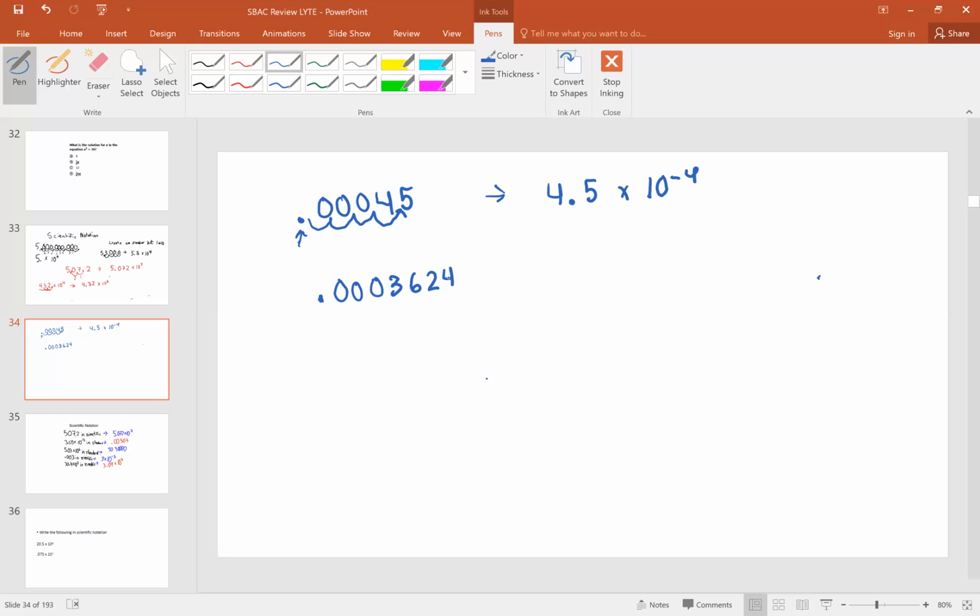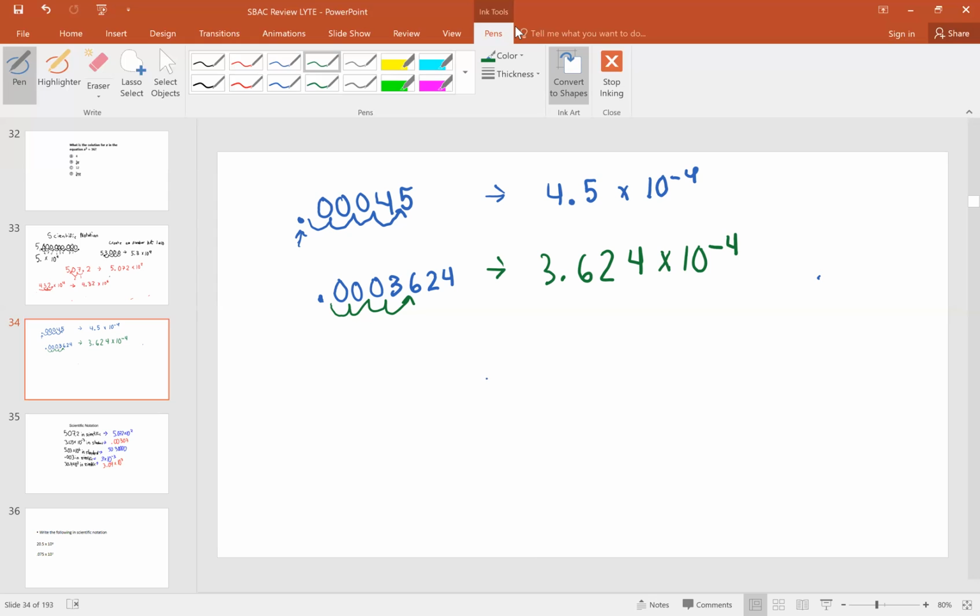All right, so if I have 0.0003624, I'd move the decimal over multiple places. In this case, it would be 4 times once again. 1, 2, 3, 4. And it would be 3.624 times 10 to the negative 4th power.